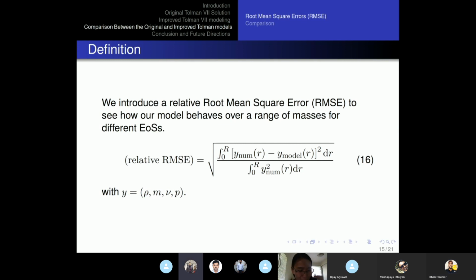I will modify that very soon. I just want you to know that there is a typo, and I will fix that by next week, if you want to refer to my original paper.